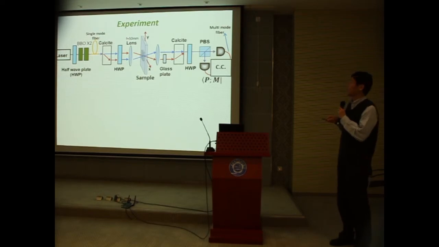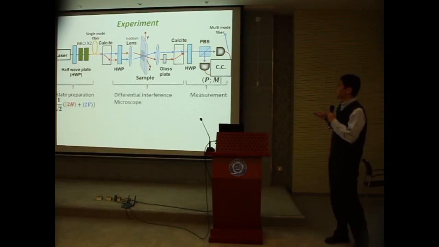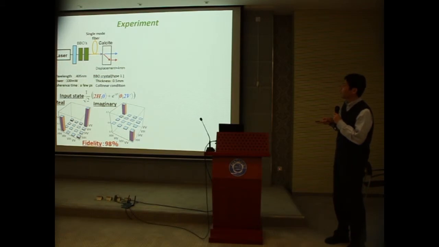And this is our experimental setup. We generated polarization-entangled state using this pair of BBO crystal and calcite crystals here, and then injected onto the sample, and then recombined using this calcite. And the quality of polarization-entangled state is fidelity of 98%.